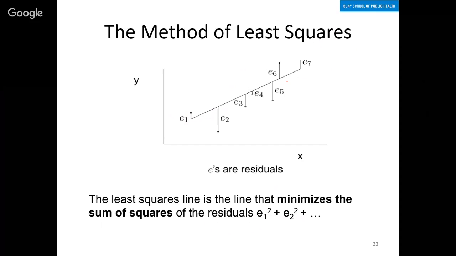Yes? It hasn't been adjusted for. If you add other variables into the model, you can call it bias. No, so it doesn't refer to adjusting for other variables.